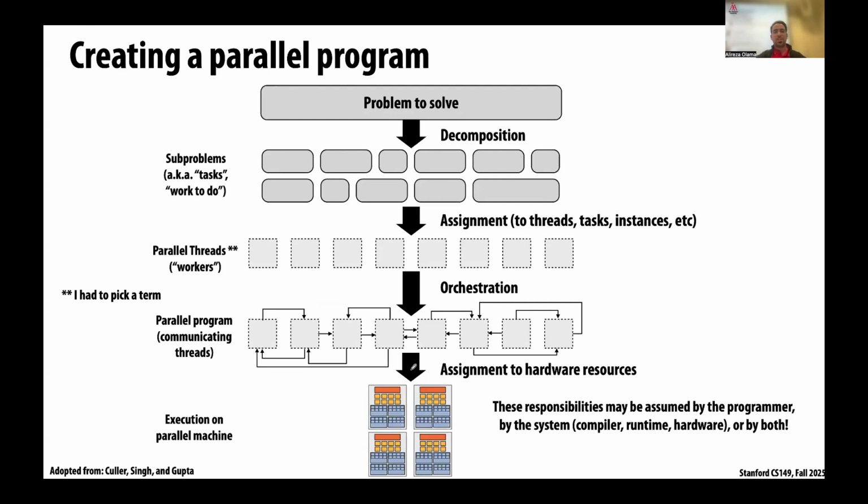All right. So this is, in a nutshell, how you can think about parallel program design. You have a problem to solve, right? And then using your domain knowledge, or when you discuss with an expert in that domain, you can decompose the original problem into different tasks or different works, right?